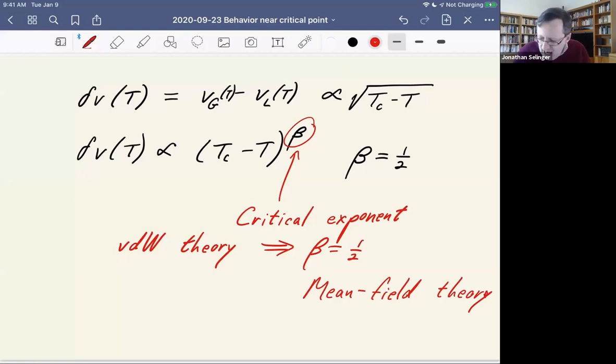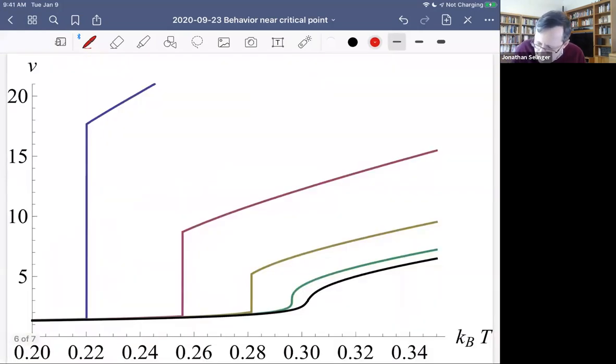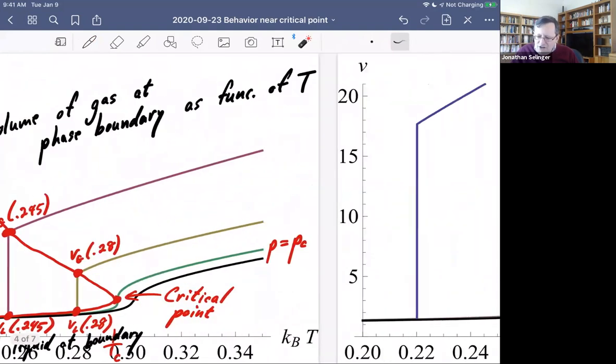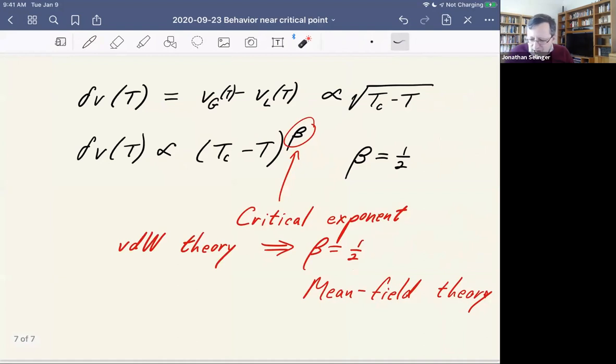Now, I got this 1/2 by looking at the plot right here and saying this looks like a parabola on its side. What if I wanted to do better than that? What if I wanted to do a calculation on the whiteboard which would actually give us this scaling of beta equals 1/2? So we'll say how to derive it.